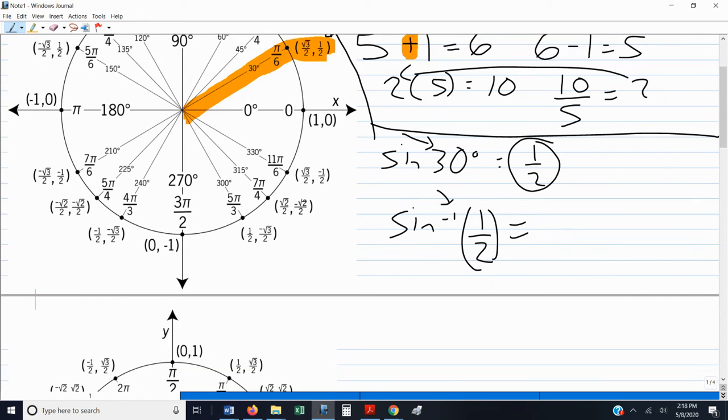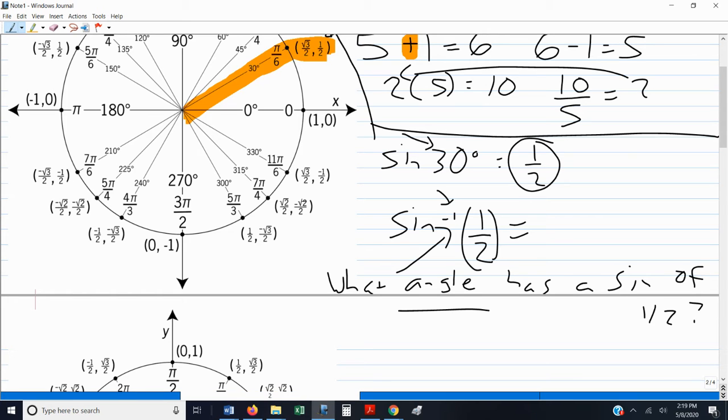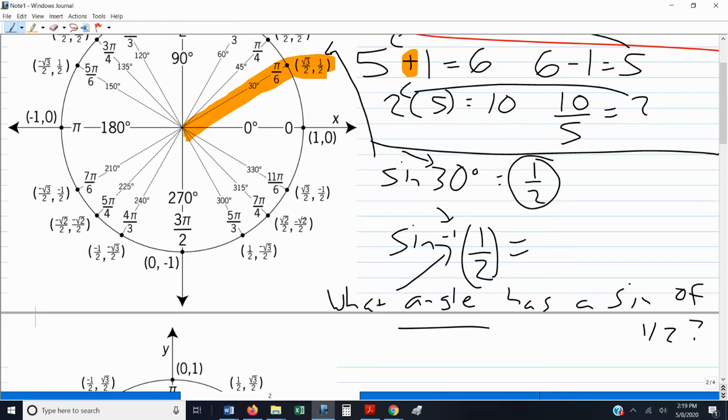And the other thing I want to say is that anytime that you see that inverse, the inverse is always asking, in this case, what angle has a sine of 1/2. The inverse is always asking you for an angle. So I'm going to just repeat that. The inverse sine of 1/2 is asking you what angle has a sine of 1/2.